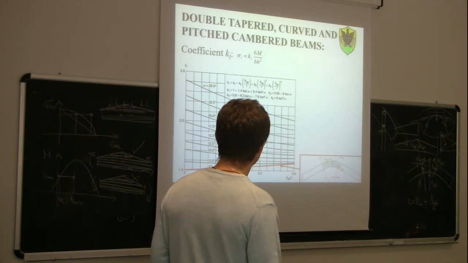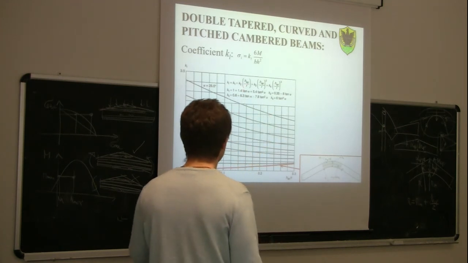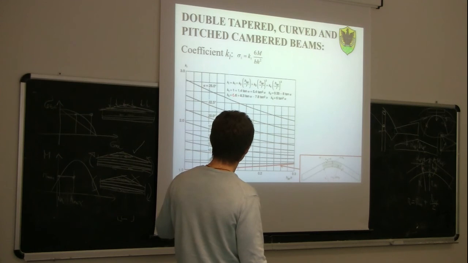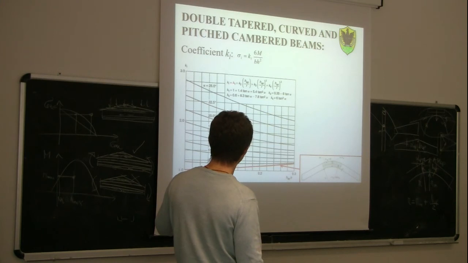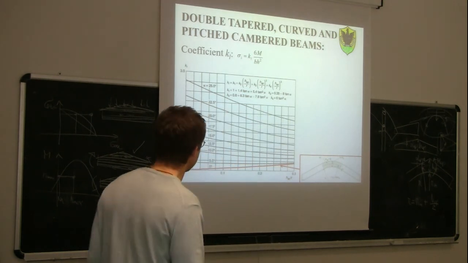So basically KL would be given by K1 only, so K1 would be 1, so KL is 1 plus K2, which would be 0.35 times HAP divided by R, plus 0.6 times HAP over R divided by 2. So it's basically this curve here.